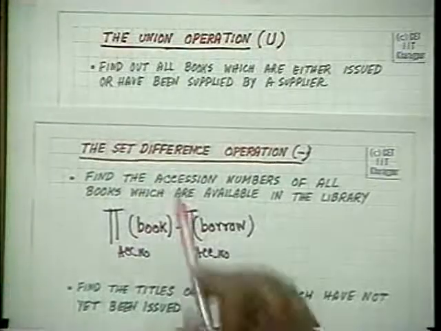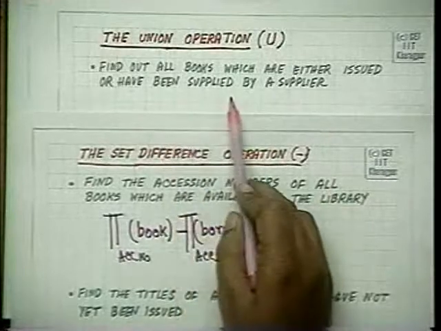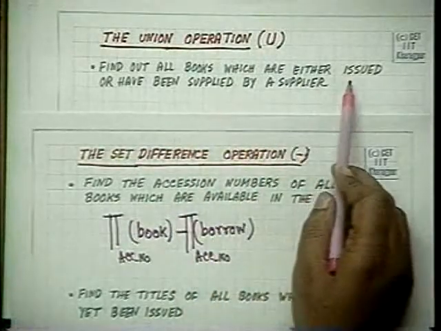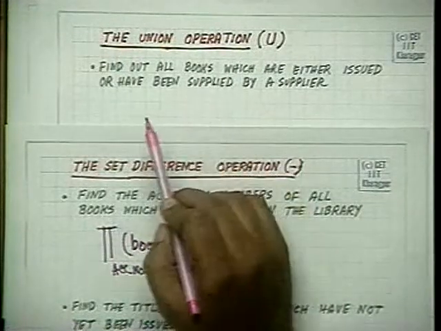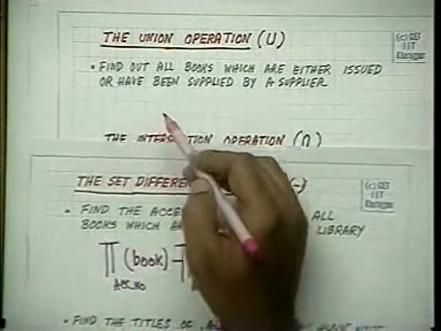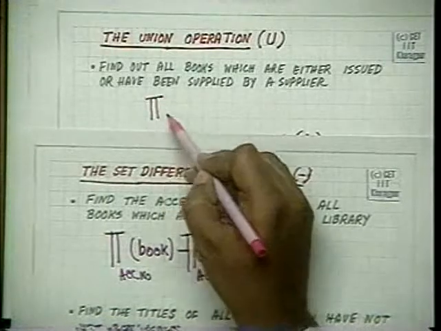Similarly, we have the union operation. Find out all books which have been either supplied or which have been issued. Now here again we have to make the attributes common. To make the attributes common, again we will do a projection.